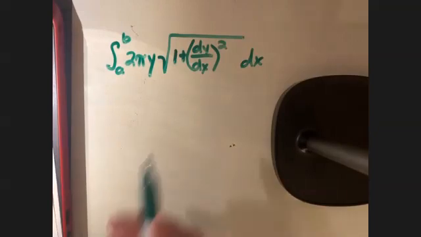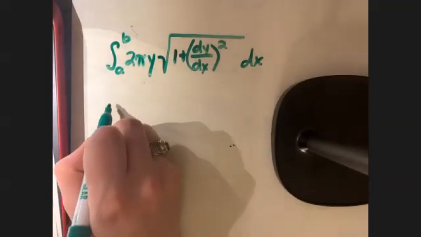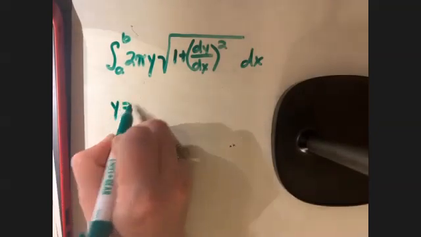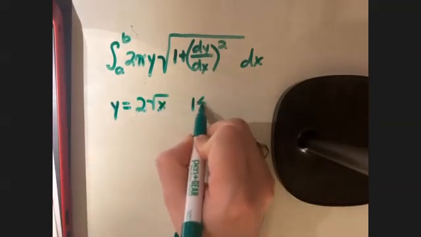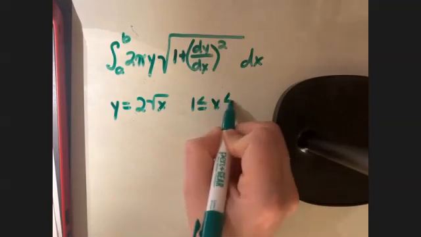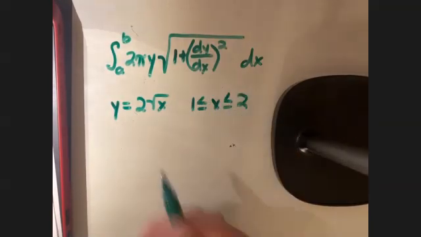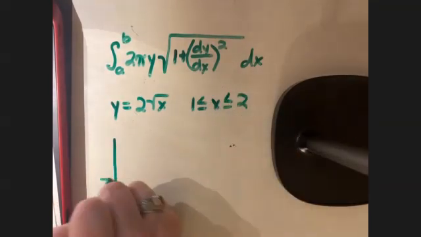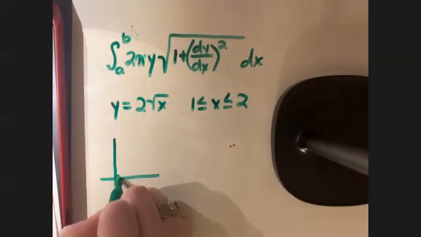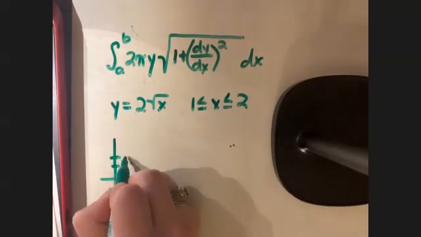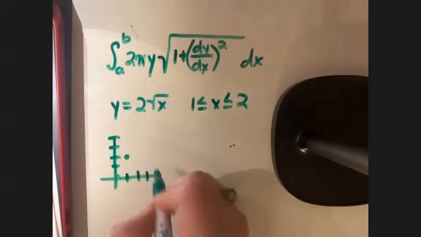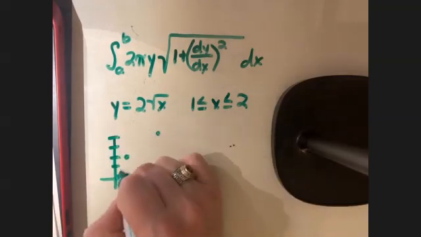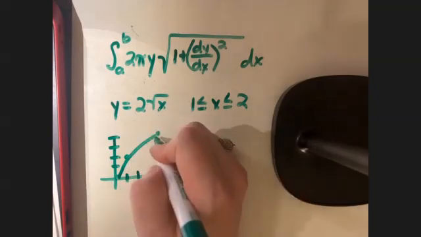So we are going to do the function y equals 2 square root of x, and we're going to work from 1 to 2, going around the x-axis. So let's get a picture here. Here's our arc.